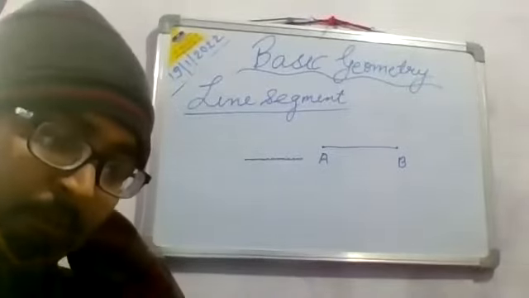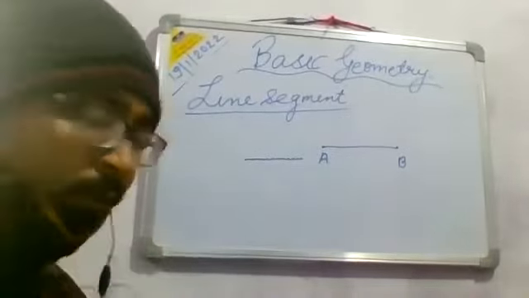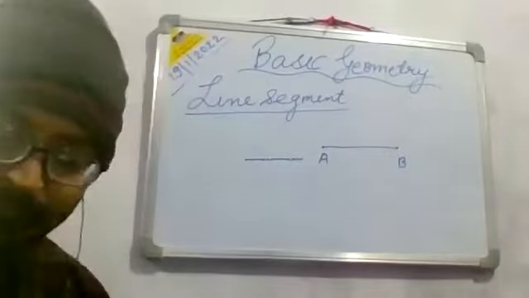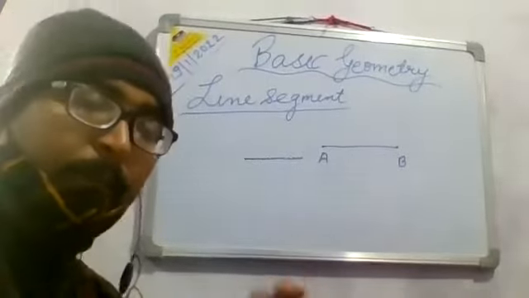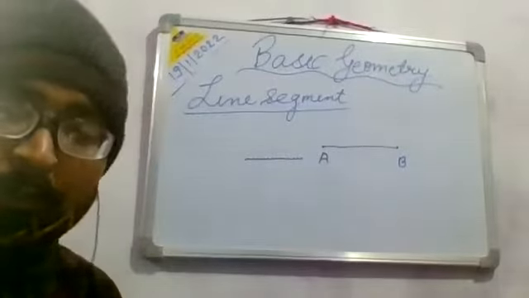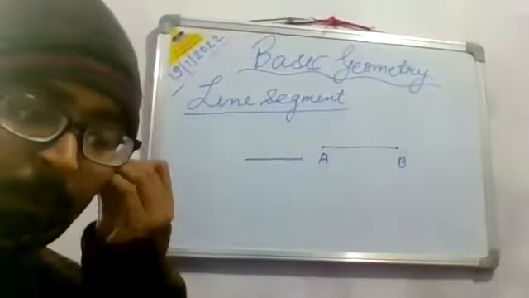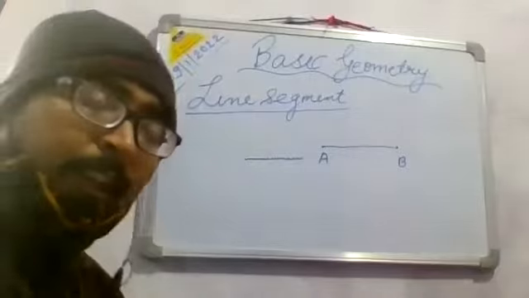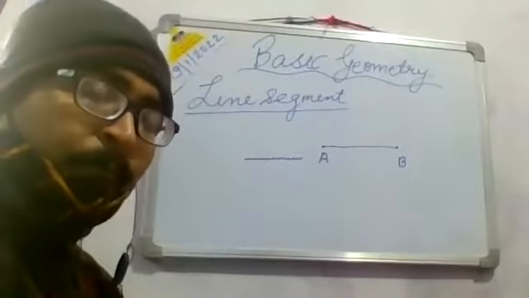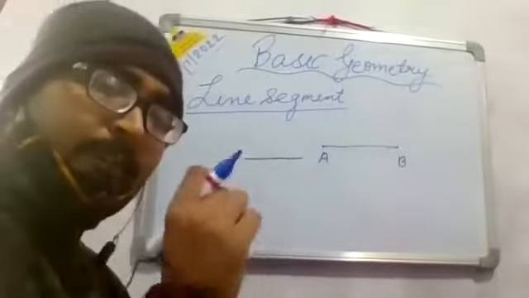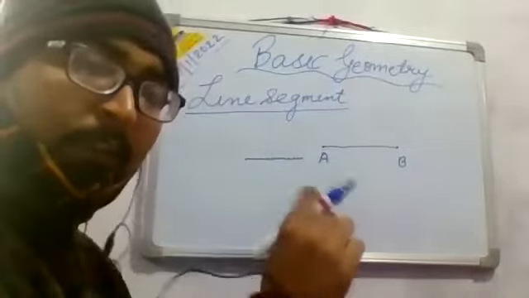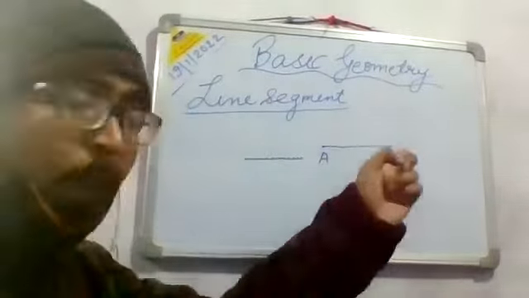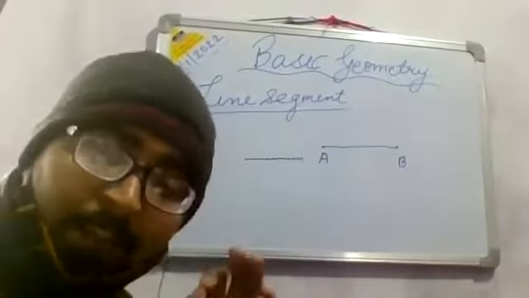I want to clear one concept here, then I will explain each of line segment, ray, and line. A line segment is a straight line between two endpoints. Whenever we join two points, we get a line segment.